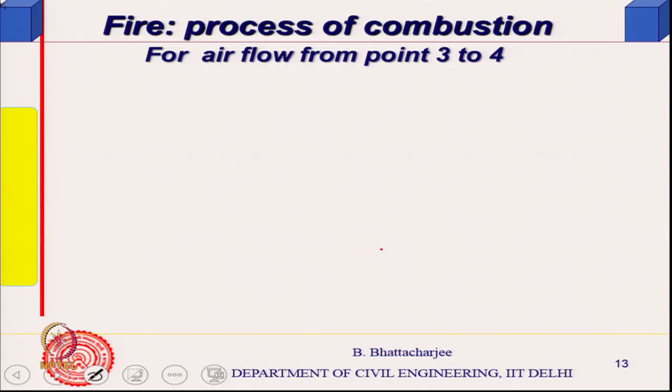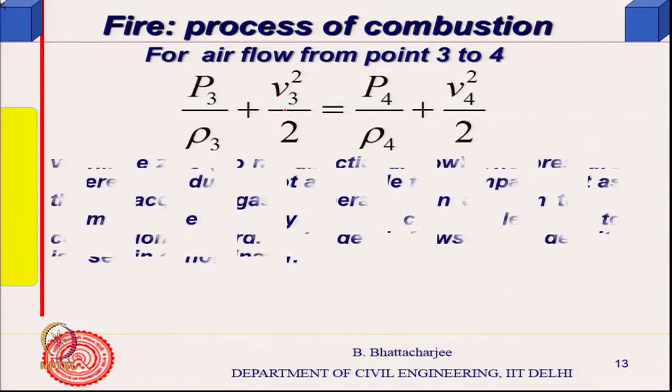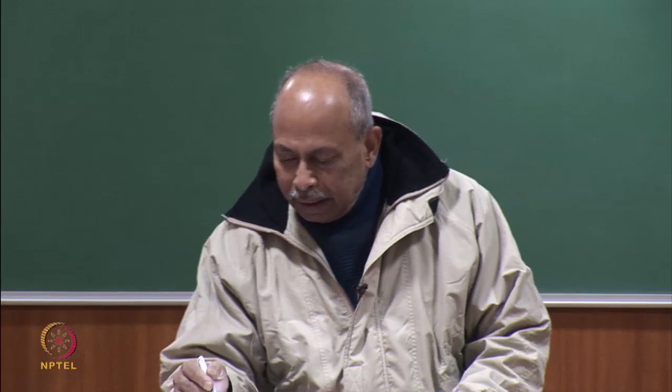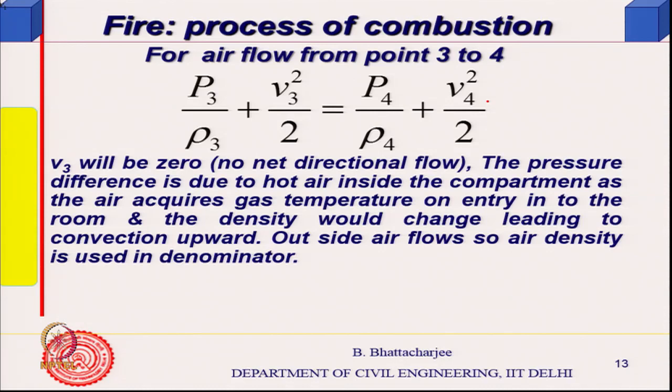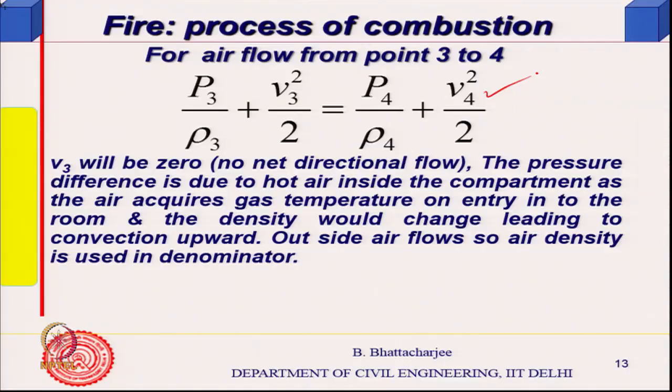Similarly, we can do an exercise for points 3 and 4, and here we assume the velocity V3 equals 0, because that is outside, and 4 is inside the compartment where fresh air is just entering. So, this is the velocity of the fresh air coming in, and P4 and P3 were already available to us.